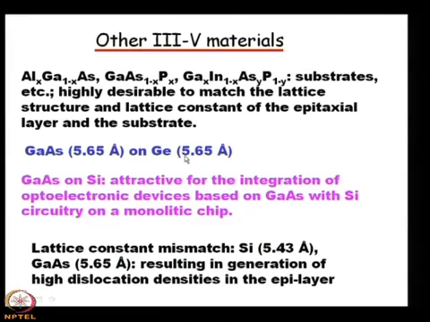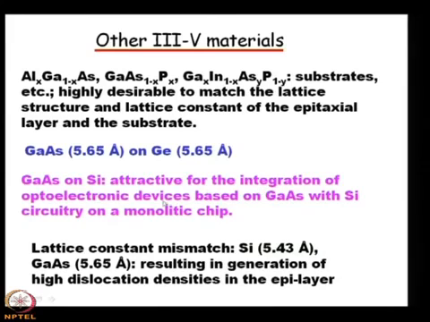Then one attractive point of investigation is gallium arsenide on silicon. Why is it very attractive? Because it is attractive for the integration of optoelectronic devices based on gallium arsenide with silicon circuitry on a monolithic chip. All these chips are made of silicon, and those chips are essentially integrated circuits, where there is no scope of integration of optoelectronic devices, that means a light emitting diode or say a detector or laser.